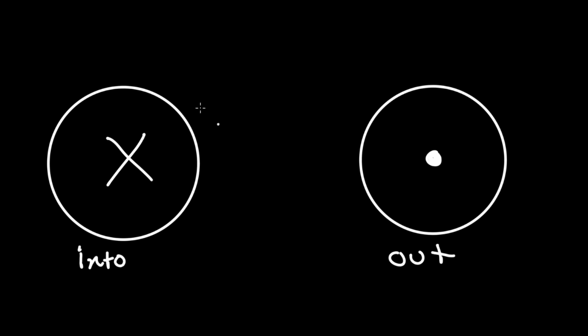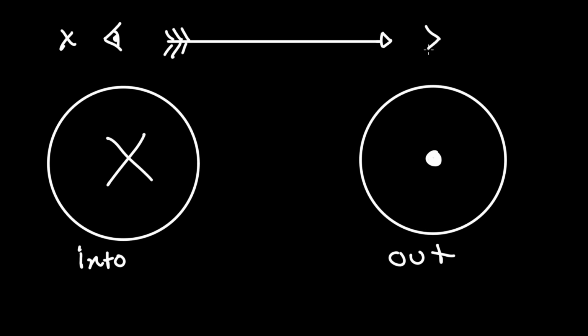And the reason for that is because if I have an arrow, and that arrow is going to have feathers on the end of it, and it's going to need a head. If I'm looking at it from this angle, I see an X because of the feathers, but if I'm looking at it from this angle, I see a dot.